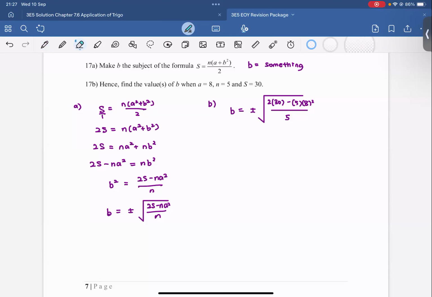Oh, they don't have. No wonder I write wrongly. Okay, thank you. No wonder like cannot square root, because it's negative. But now can. So B equals plus minus square root of 60 minus 40, 20 over 5. B equals plus minus square root 4. So B equals plus minus 2.